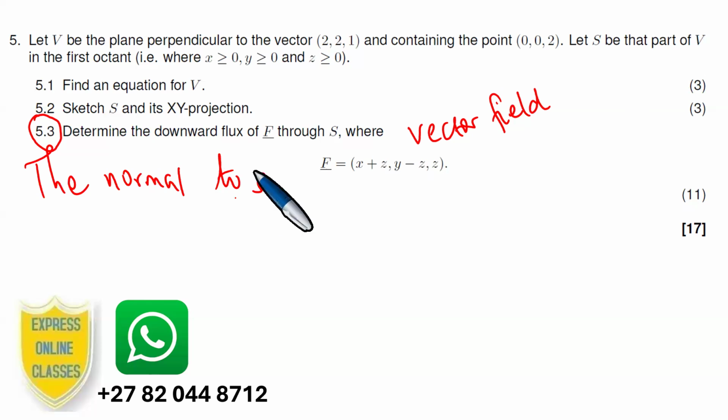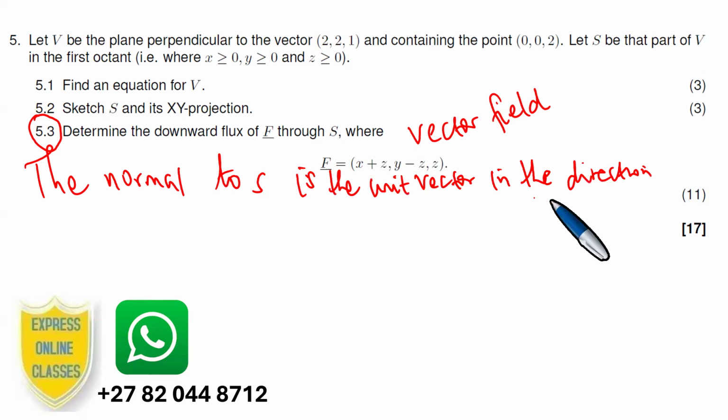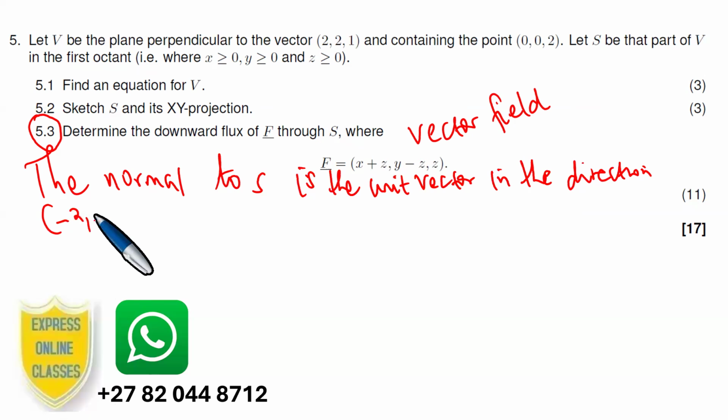So the normal to S is the unit vector in the direction 2, 2, 1. Or with the downward orientation, -2, -2, -1.